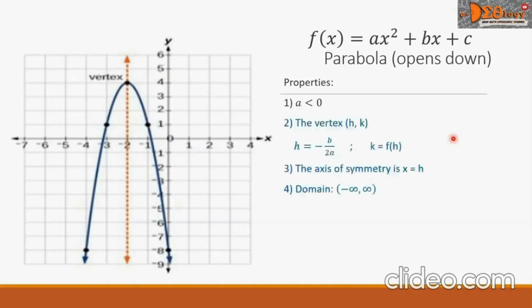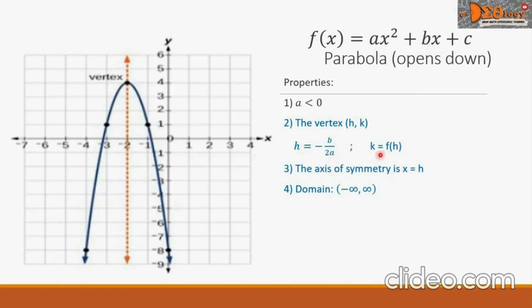Let's go to property numbers 2, 3, 4. These three properties are the same properties of the parabola that opens upward a while ago. The vertex is (h, k), and we can compute the h equals negative b over 2a. Again, b is the coefficient of x, and the a is the coefficient of x squared.